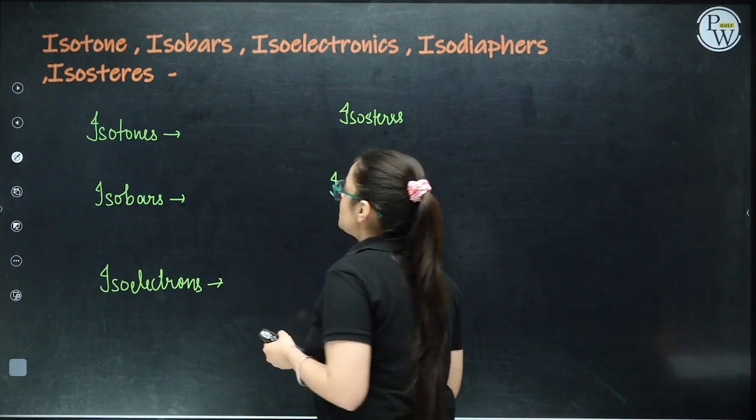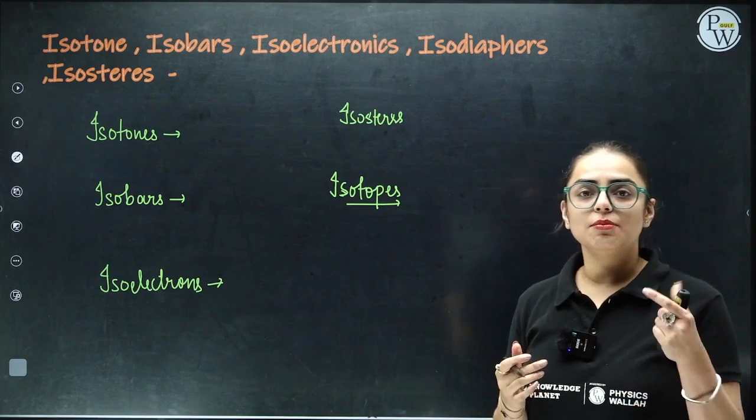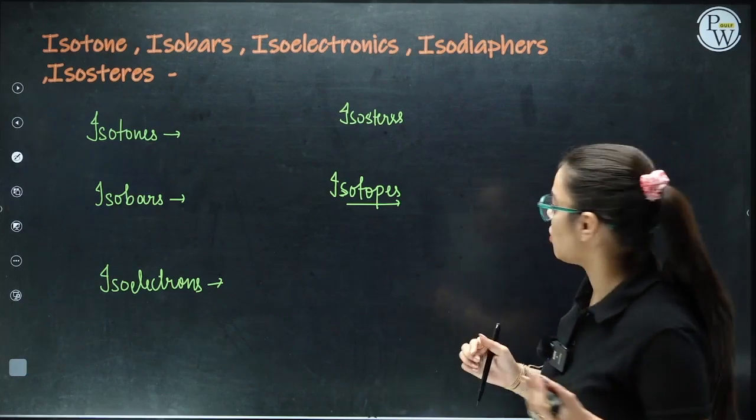First of all, let us understand isotopes, everybody. What are isotopes? See, those that have the same atomic number but different atomic mass.